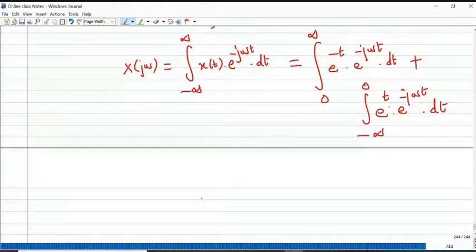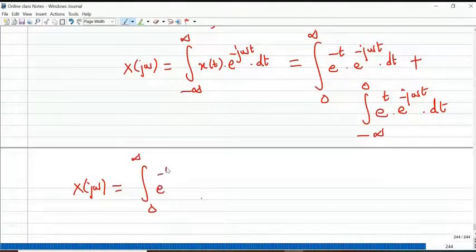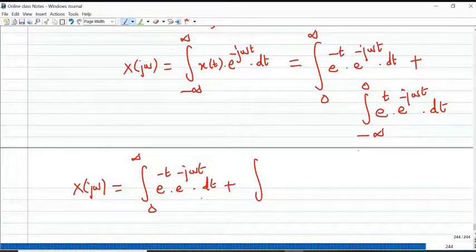Replace all t by minus t, then interchange your integration limit first and then solve for x of j omega. So 0 to infinity e power minus t dot e power minus j omega t dt, plus I want to change the integration limit, or replace t by minus t.